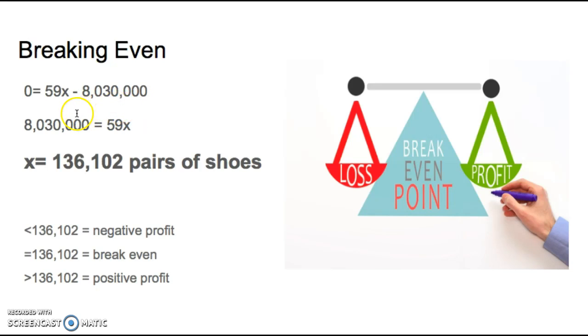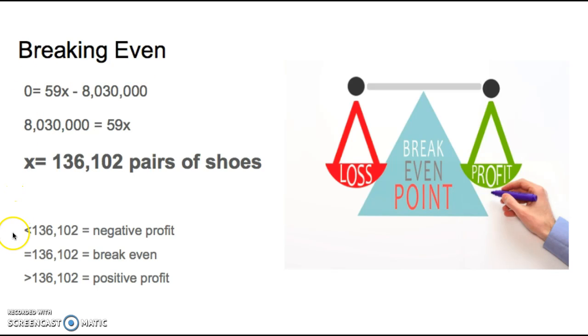On the right side, it cancels, and on the left side, since we are only adding to 0, it equals 8,030,000. From here, in order to get x by itself, we must divide by 59. And this is where we find that x equals 136,102. These are the number of pairs of shoes it will require to break even.